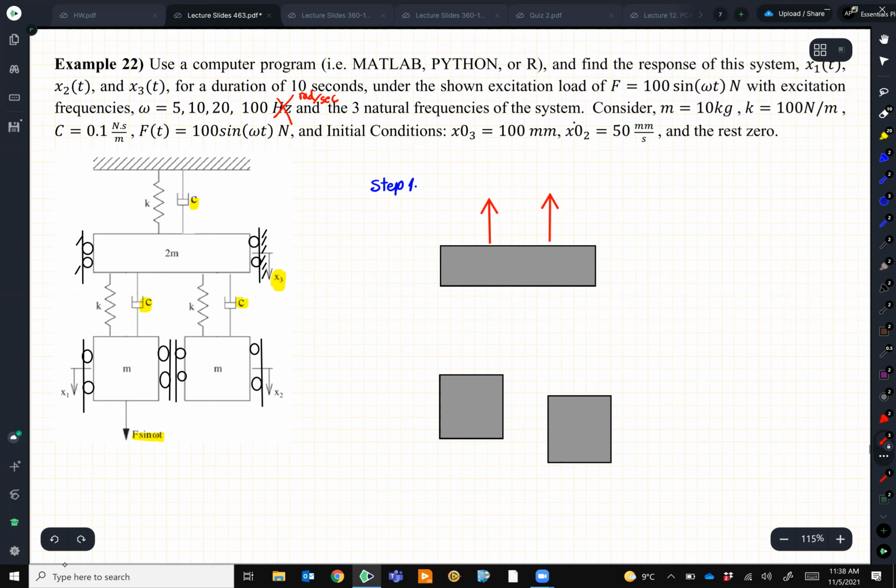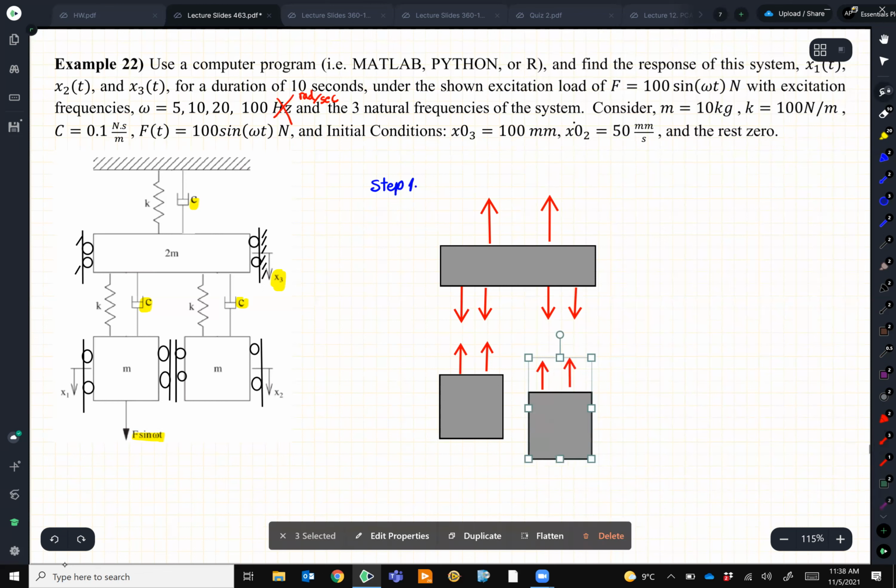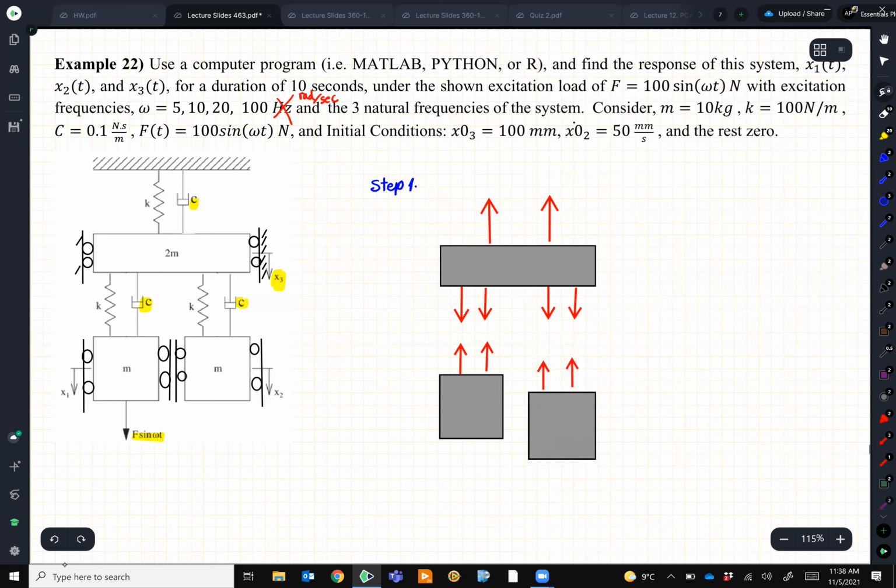So quickly, let's draw the reactions here. I'm going to end up with two forces there, two forces over here, their reactions, two forces there, and their reactions. We shouldn't forget that we have also an external force that goes there, F sine omega t.